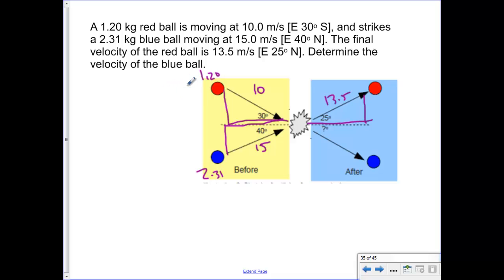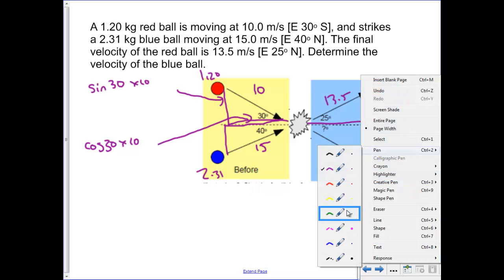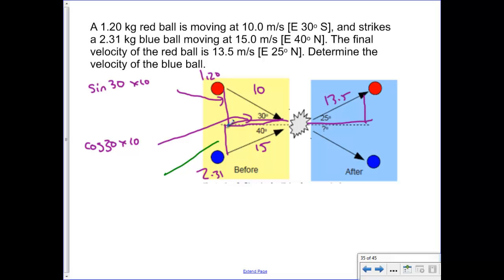Okay, I'm gonna try to draw some arrows here and try not to make this too messy. This side right here is going to be the sine of 30 times 10, and this side right here is going to be the cosine of 30 times 10. Then I'm going to do colors just to keep things straight.